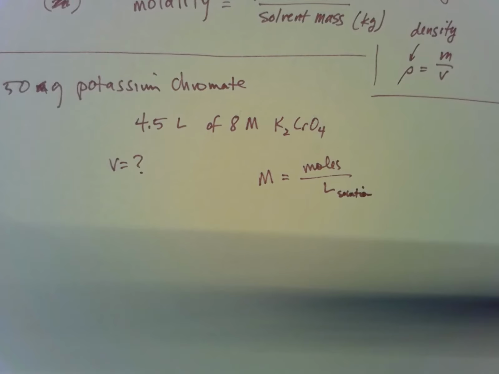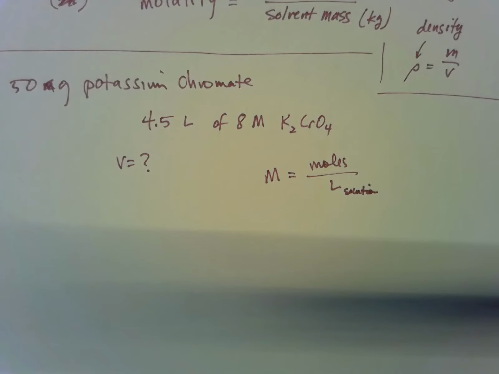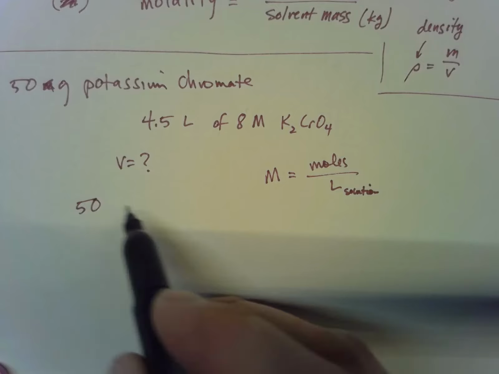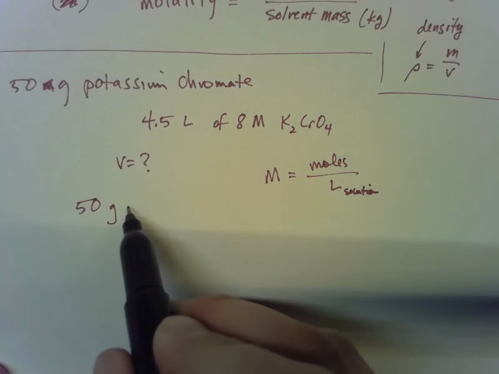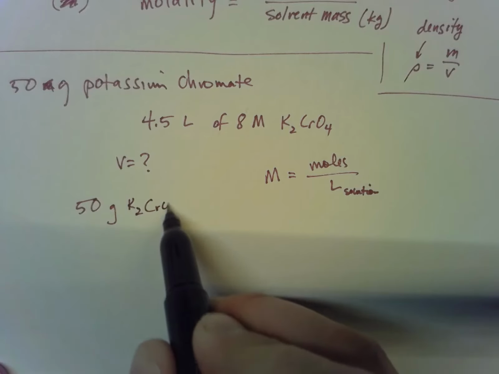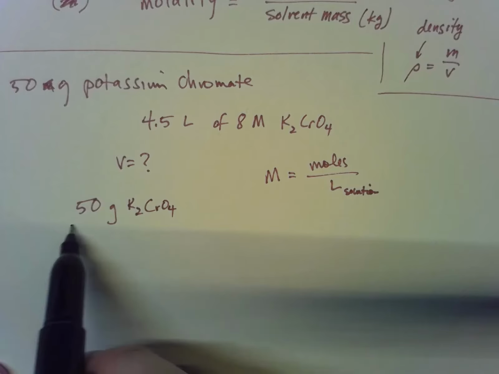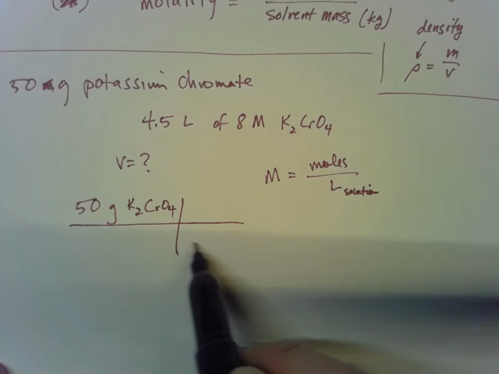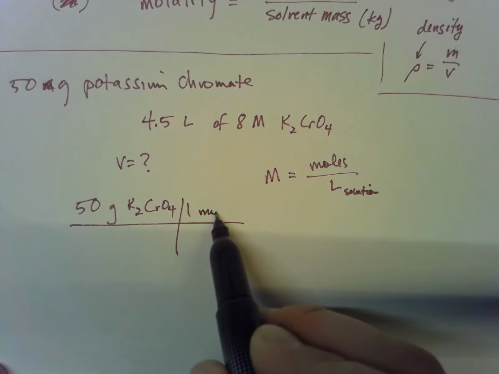So we just plug in here. Well, first of all, we've got to figure out how many moles we need. So we say 50 grams potassium chromate, and then we have X grams down here, so we'll have 1 mole up here.